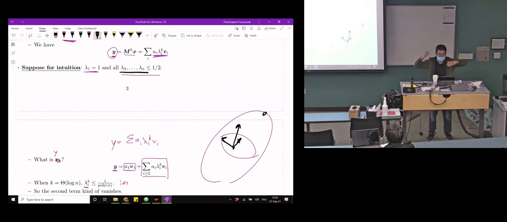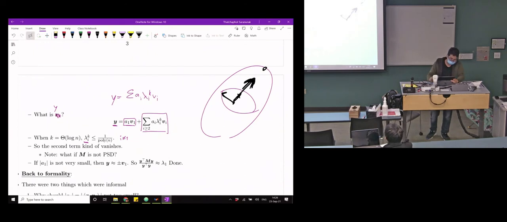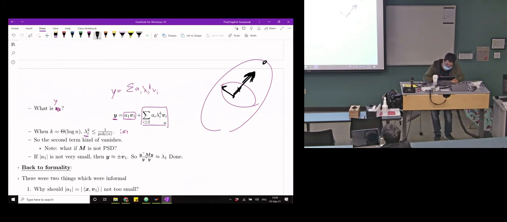So when you apply this linear operation to x many times, every direction shrinks very quickly, and you are left with the part on the biggest direction. Everything else vanishes after k applications.